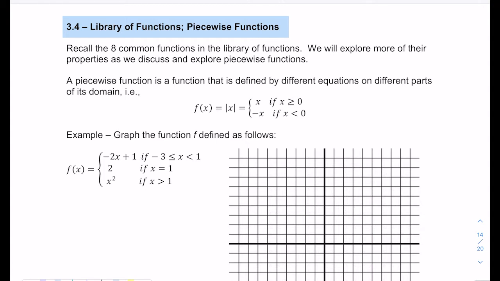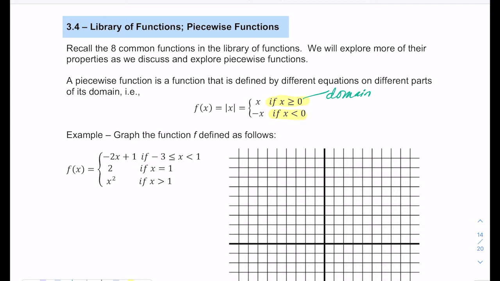So piecewise functions are functions that you graph in pieces. They're defined by different equations on different parts of the domain. So if I was to graph f of x equals the absolute value of x, the domain when x is greater than or equal to 0 is the function x.